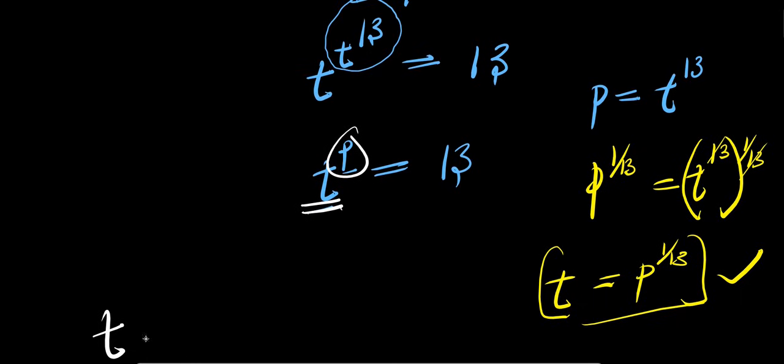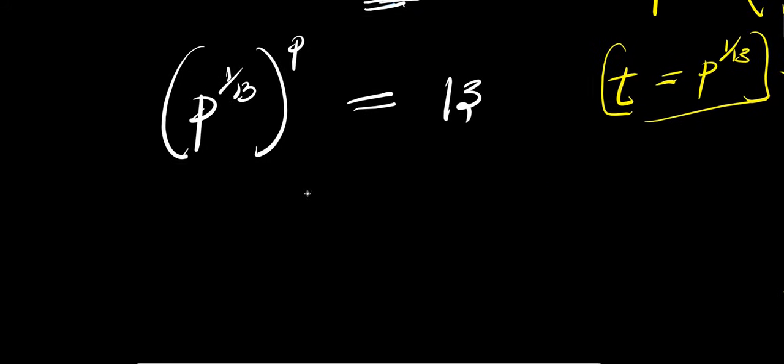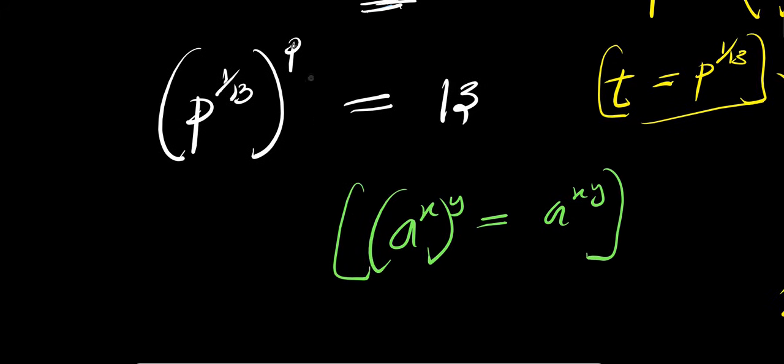So instead of writing t here, I have p power 1 over 13, raised to the power of p, the p that we have here, equals 13. And recall, a power x power 1 equals a power x times 1. This multiplies this, we have p power p over 13 equals 13.